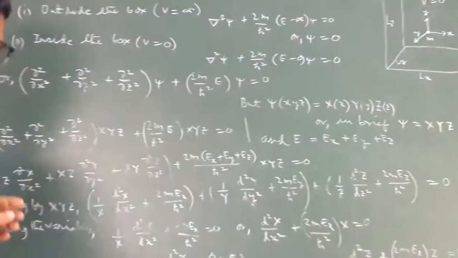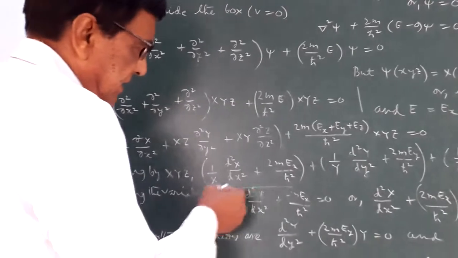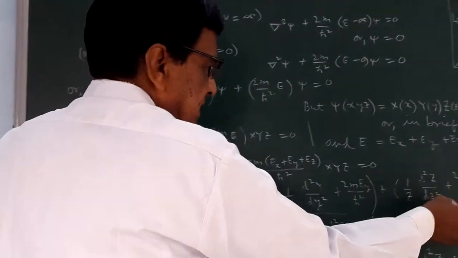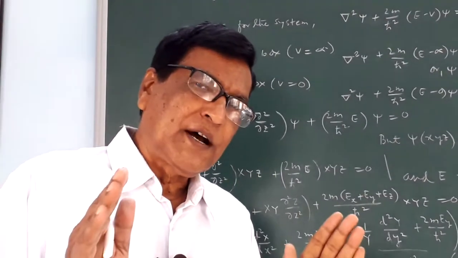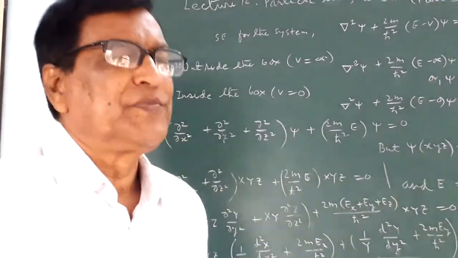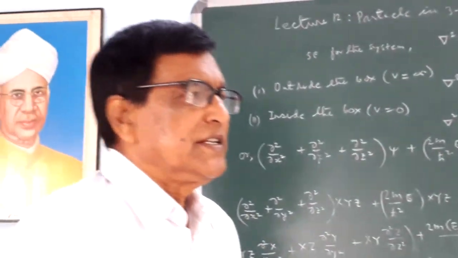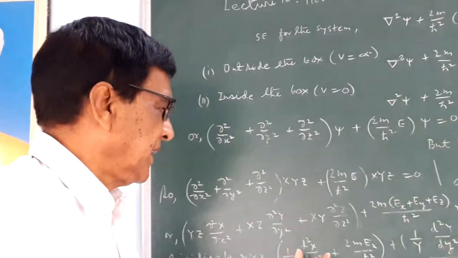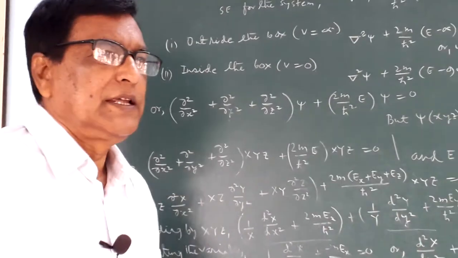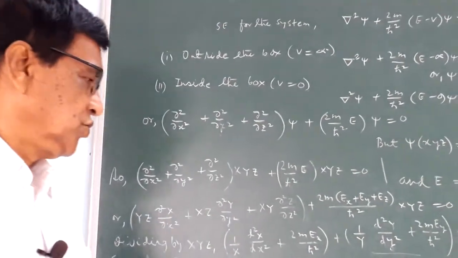So this one and this one and this one, these are the three independent terms, and the sum of the three independent terms is equal to 0. So it is quite natural that this is possible only when each term is separately equal to 0.